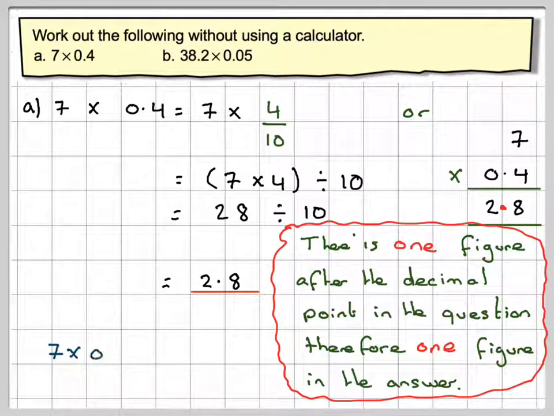And again, we get the answer saying 7 times 0.4 is 2.8. One thing to notice as well is when you're multiplying by 0 point something as a decimal, you are going to get an answer less than what you're actually multiplying by. It's 0.4 of 7. There's another way of thinking about it.